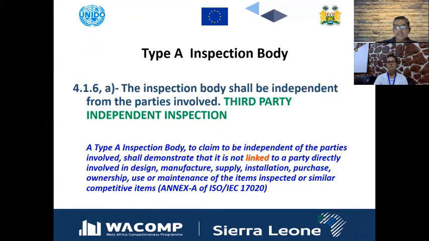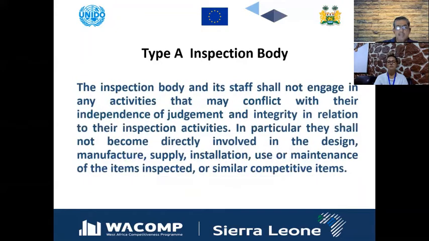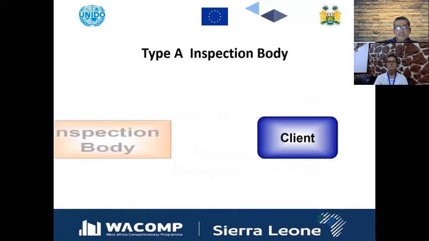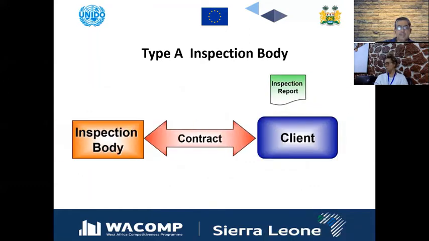But I briefed you simply with respect to that. A type A inspection body is the inspection body on the one side, and the client is on the other side. On the PMB side, who is the client basically? The government is the client, and they have to inspect and serve the certificate to the government, and then the government has to decide.